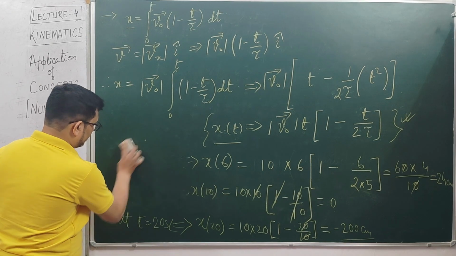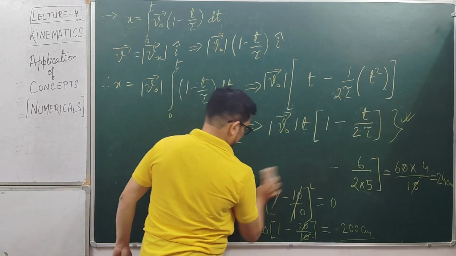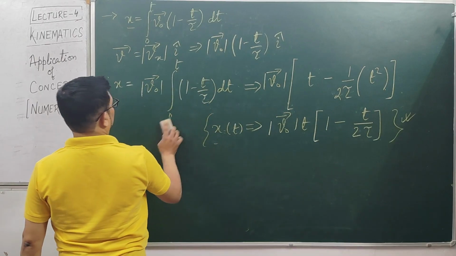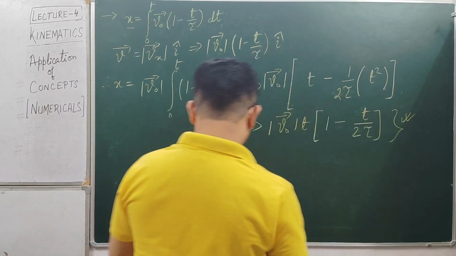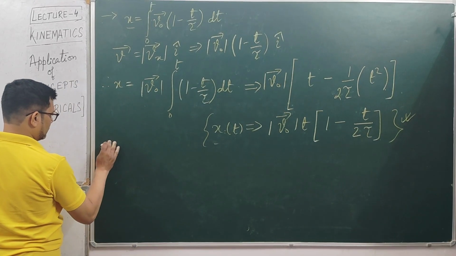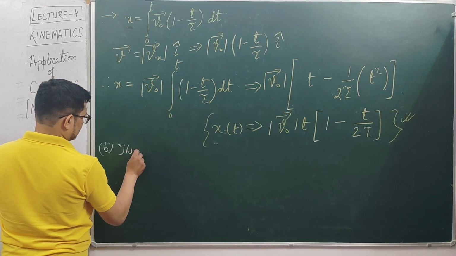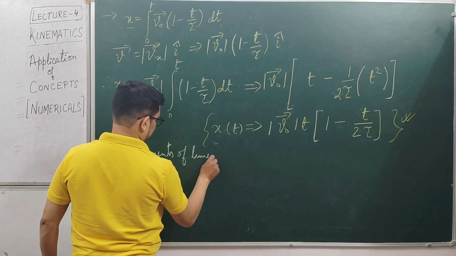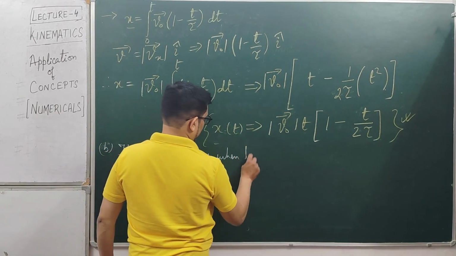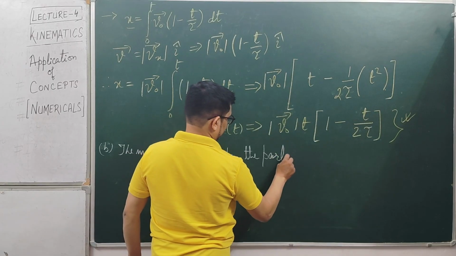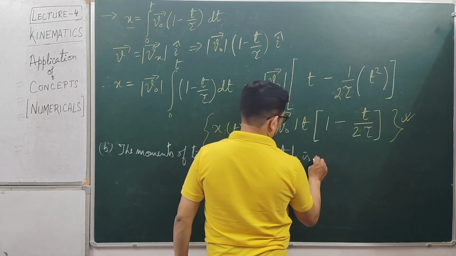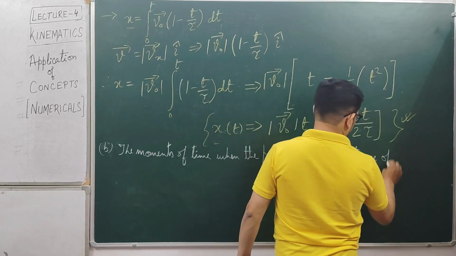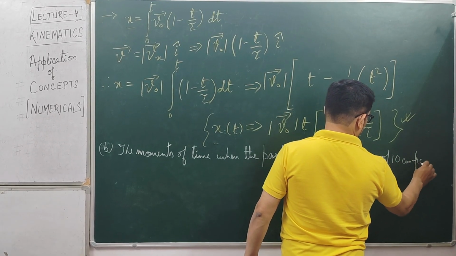Well, so let me drop this part of the board. In the second part of the question, we want the moments of time when the particle is at a distance of 10 centimeters from the origin.